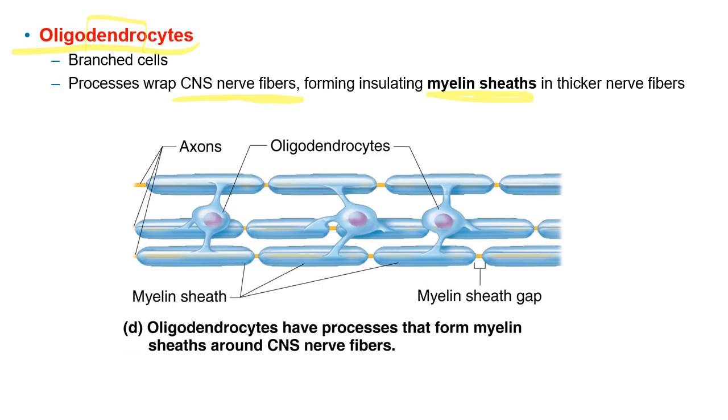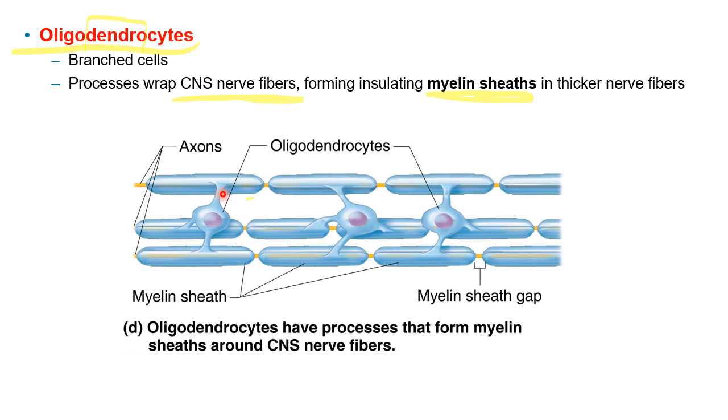Now, you don't have only one cell per myelinating body. In this case, one cell is going to myelinate several nerve fibers. Look how cool this is. You have here the cell body of this oligodendrocyte, and then you have these branches that reach a lot of these nerve fibers, and each one of these branches is going to wrap around and make that myelin sheath.